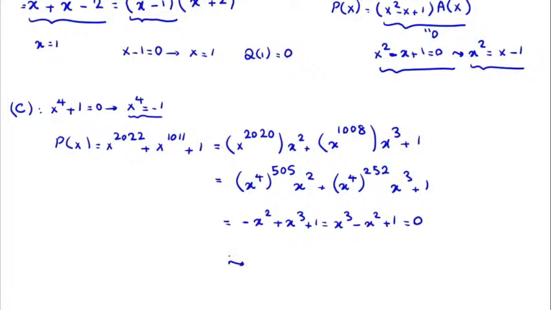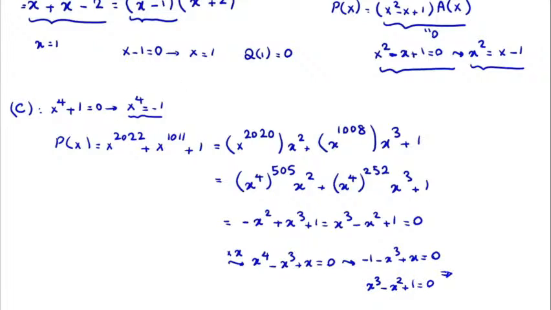If we multiply both sides by x, we know x is not 0 because x to the 4 is negative 1. So x to the 4 minus x cubed plus x equals 0. X to the 4 is negative 1, so negative 1 minus x cubed plus x equals 0. Also here, we know that x cubed minus x squared plus 1 equals 0.